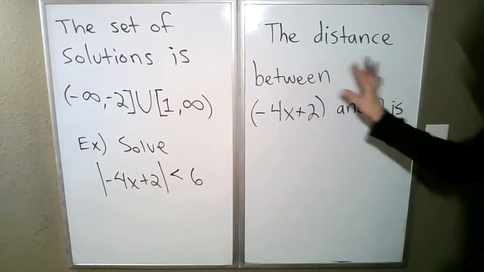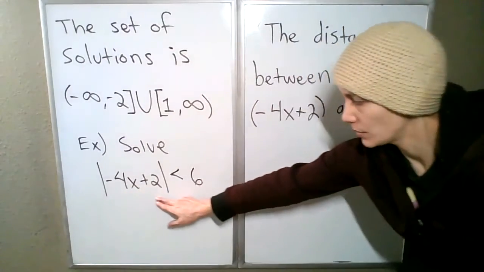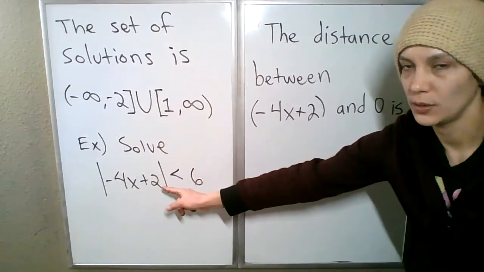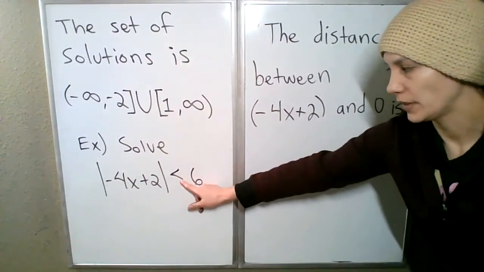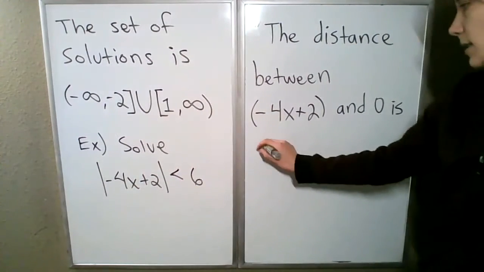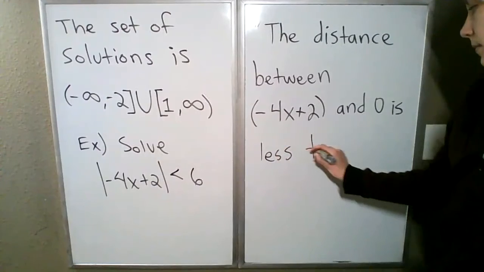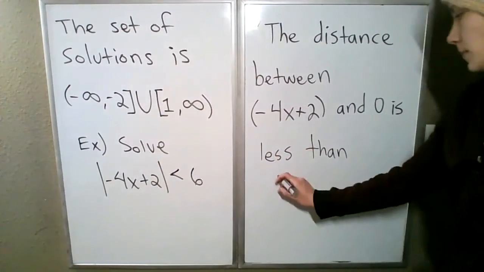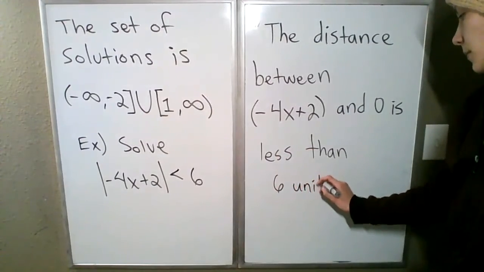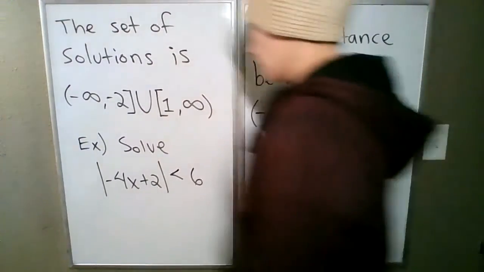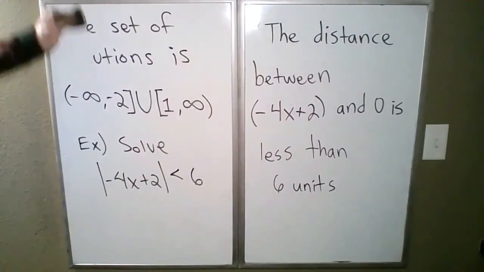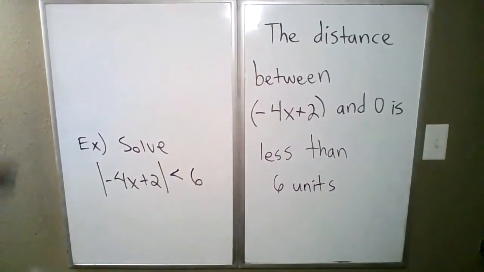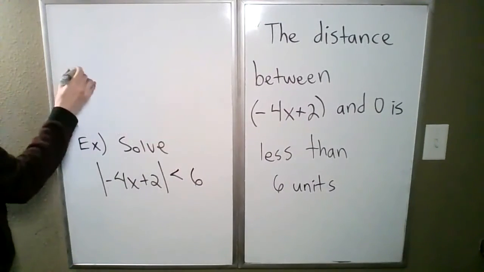So again, all of this part comes from the absolute value symbol. So the absolute value is the distance between the negative 4x plus 2 and 0. And copying this symbol down, less than. And at the end, we've got a 6. So we sketch what that means.